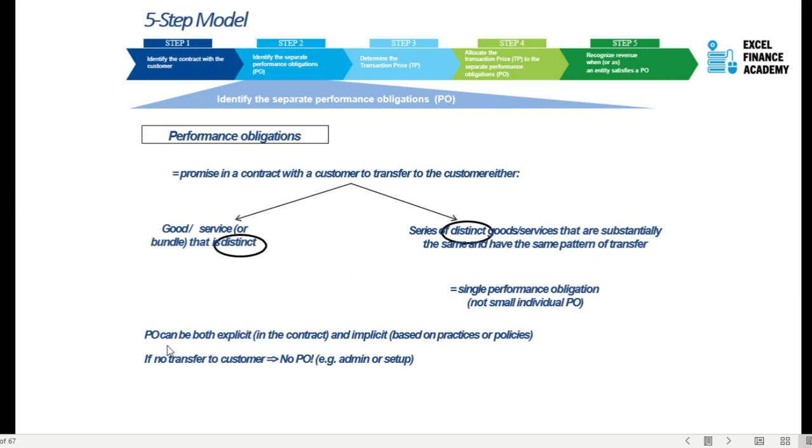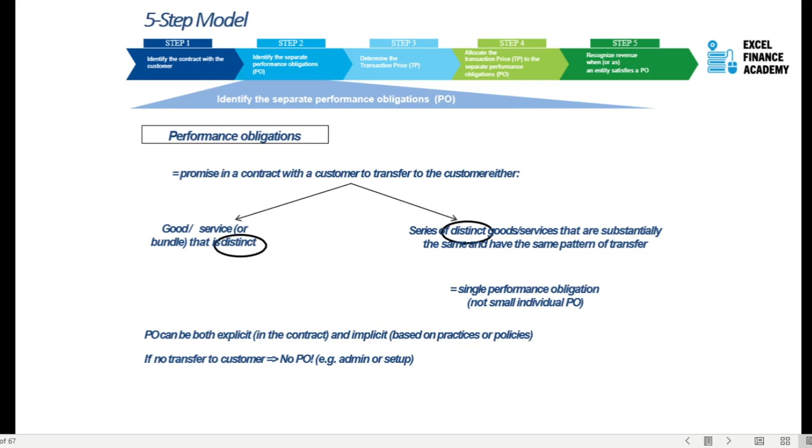A performance obligation can be explicit, specifically written in the contract, or it may not be written in the contract but be based on general industry practices or policies. If nothing is transferred to the customer, like doing some admin work or transportation, then it is not a performance obligation, so it is not a separate performance obligation to be classified as a separate revenue.